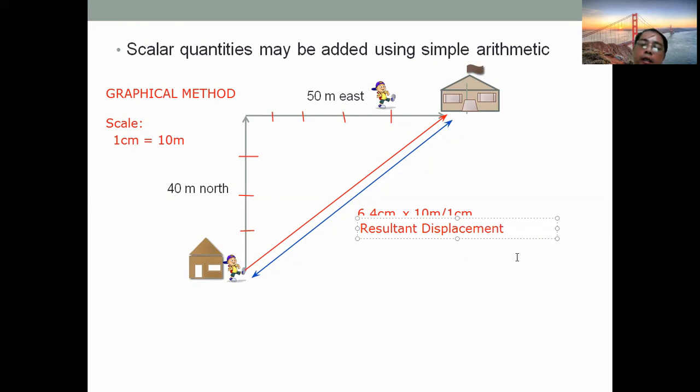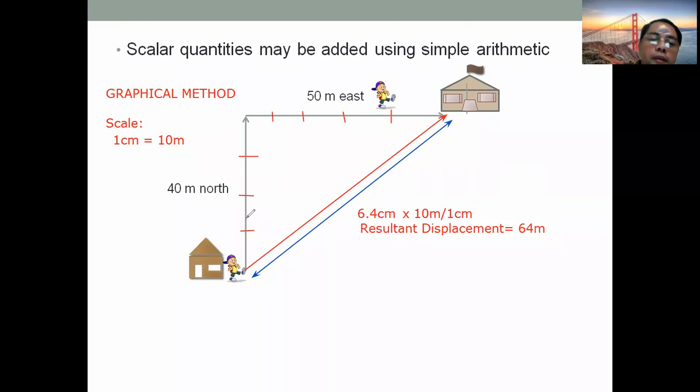Multiplying the 6.4 length with 10 will give you 64 meters, the distance of the school from the house. And then finally, for the direction, we can get a protractor for that.